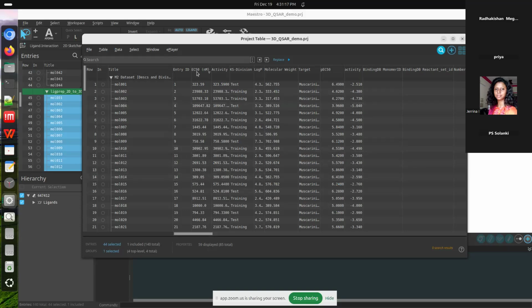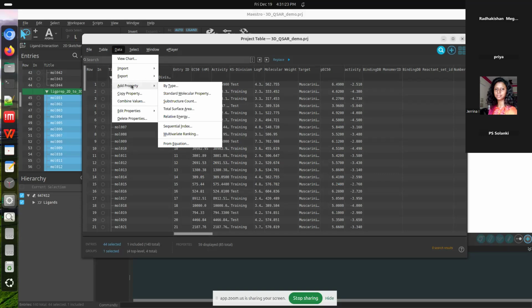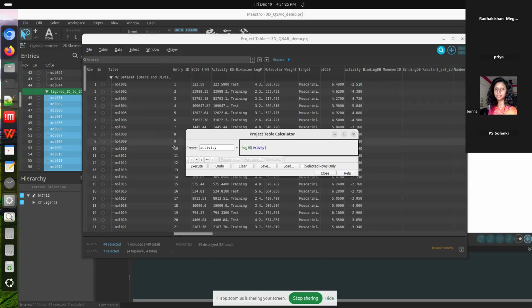If you want to do the calculation, you can also do that using the data option, where you can go to add property and then click on from equation, where you can insert the equation and then calculate the pEC50 values for those EC50 concentrations. Then you will get these pEC50 values from the log.